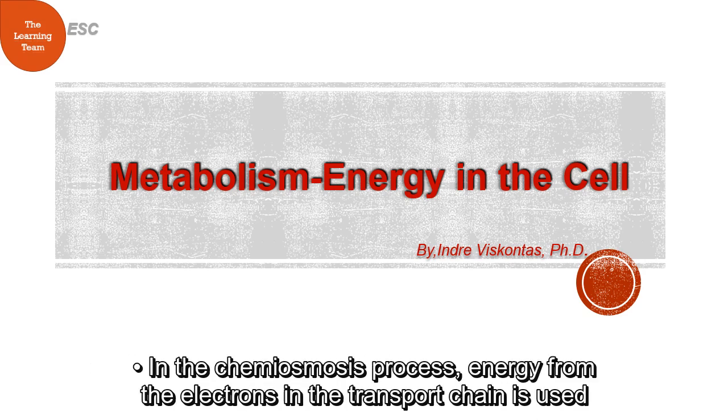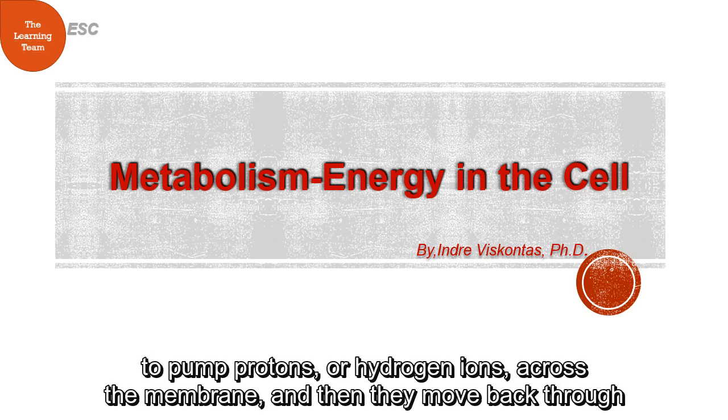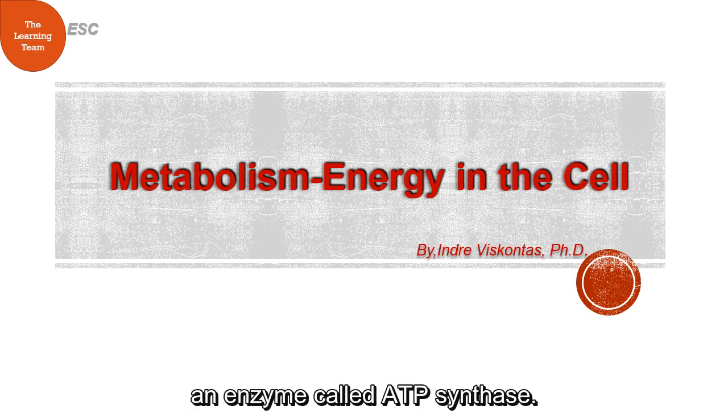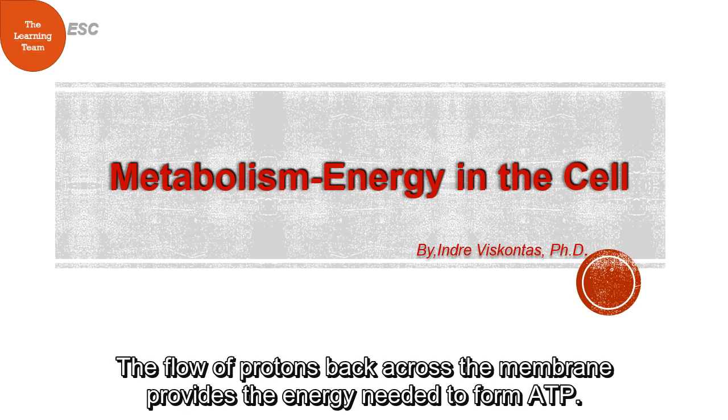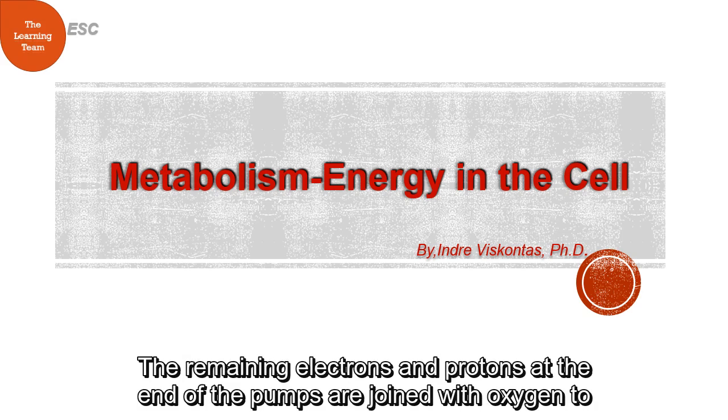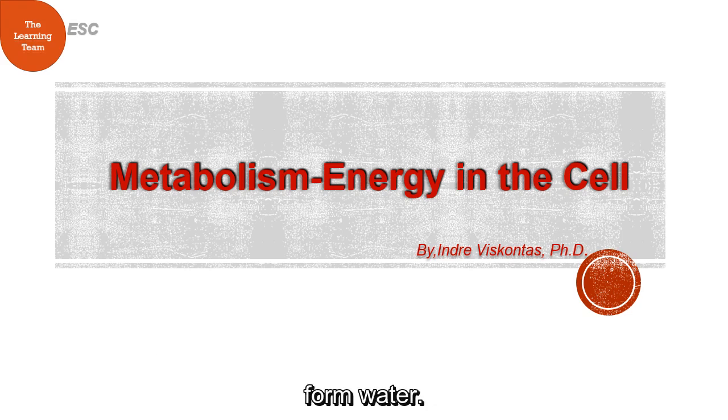In the chemiosmosis process, energy from the electrons in the transport chain is used to pump protons, or hydrogen ions, across the membrane, and then they move back through an enzyme called ATP synthase. The flow of protons back across the membrane provides the energy needed to form ATP. The remaining electrons and protons at the end of the pumps are joined with oxygen to form water.